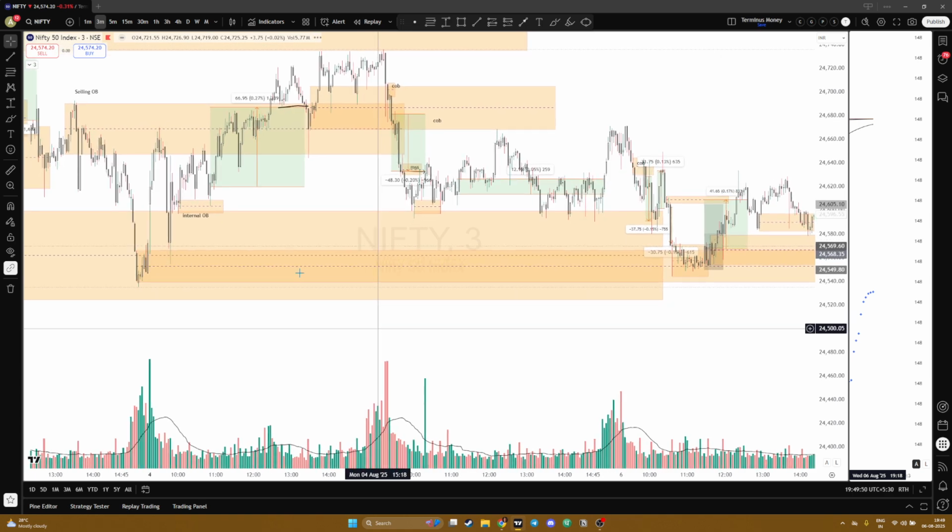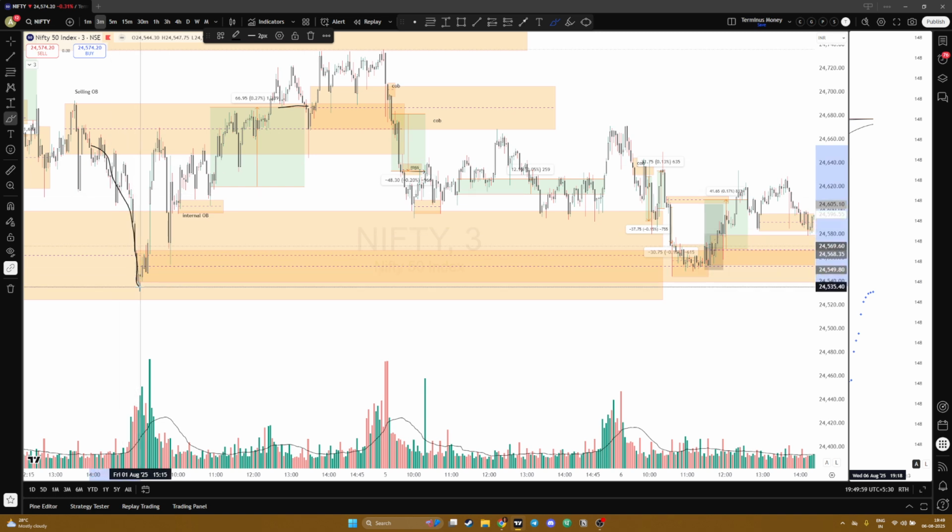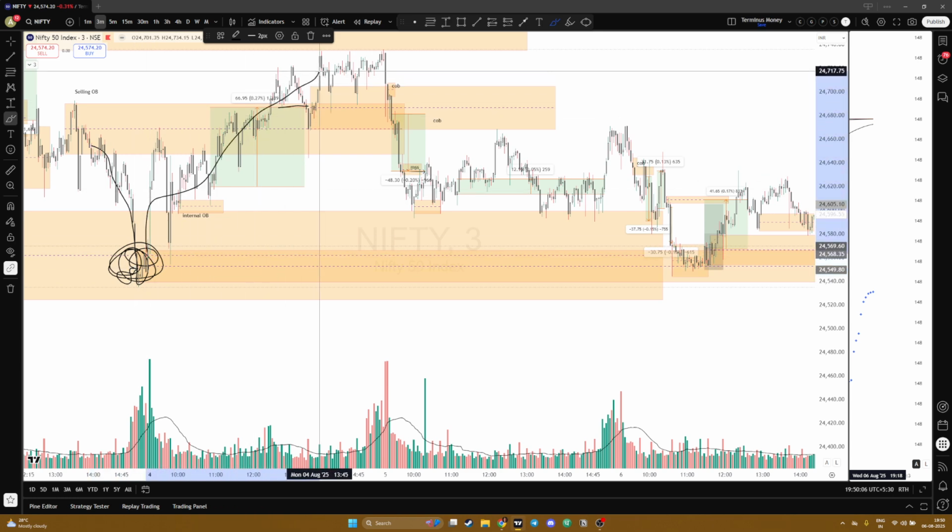When the price was coming down here, it took a support from this zone and shot up, then came back, shot up, came back, shot up again.